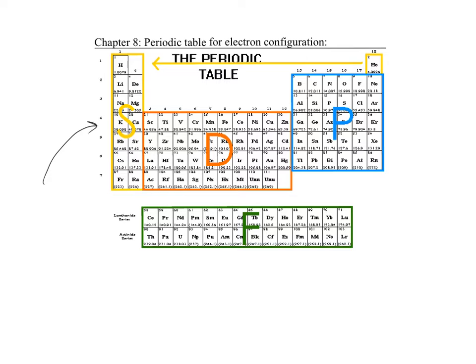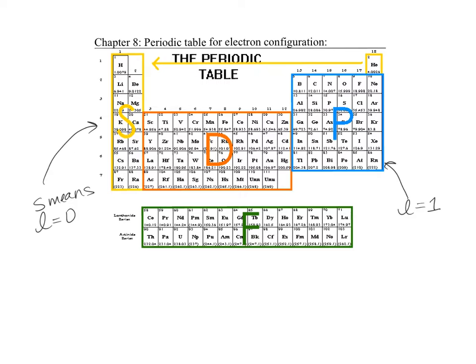So notice the s orbitals, the spherical shaped orbitals, are found on the left-hand side of the periodic table, group 1 and group 2. Whenever you're looking at an element that is in the p block, then you're looking at the elements on the right-hand side of the periodic table.